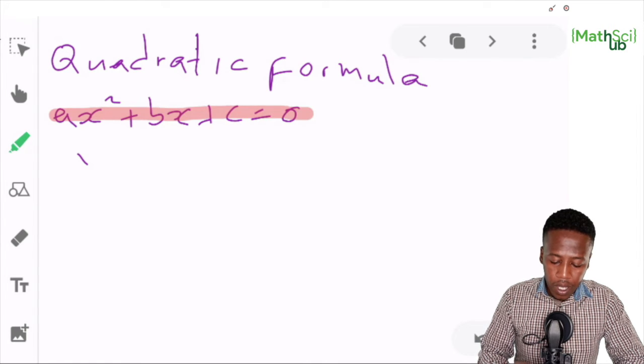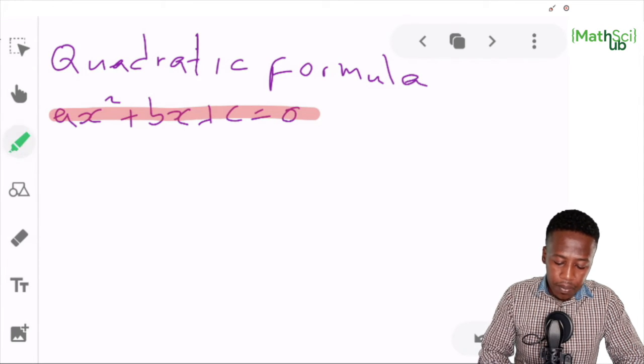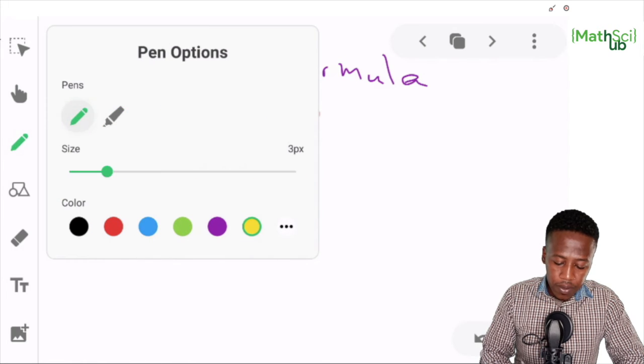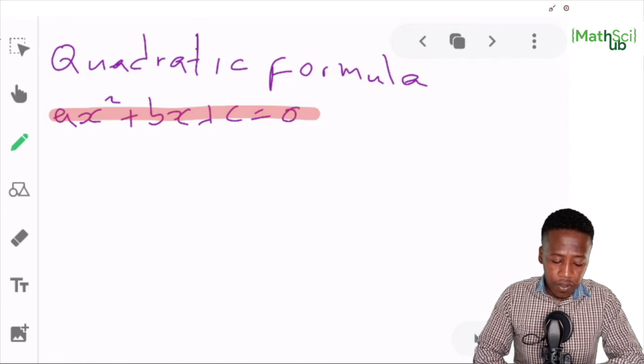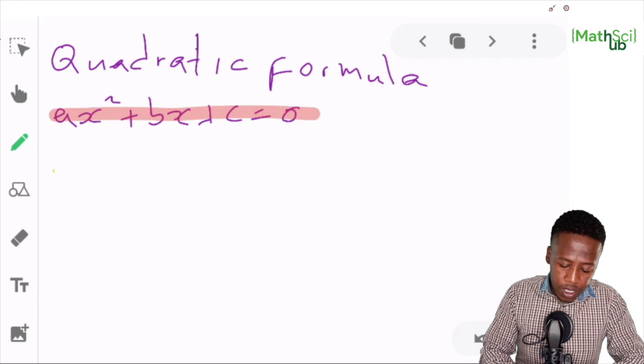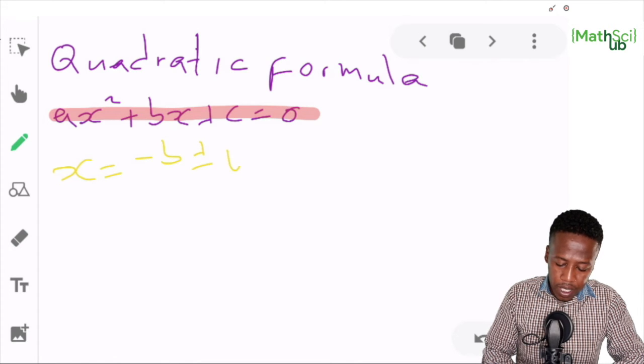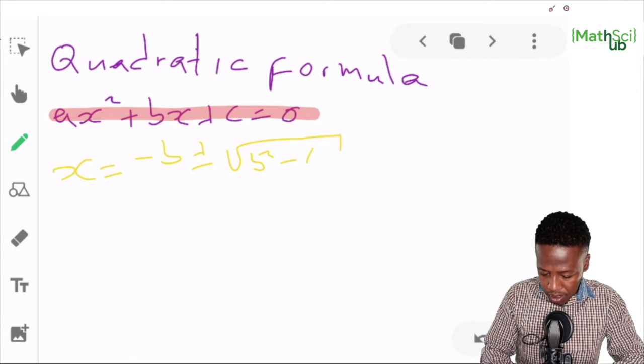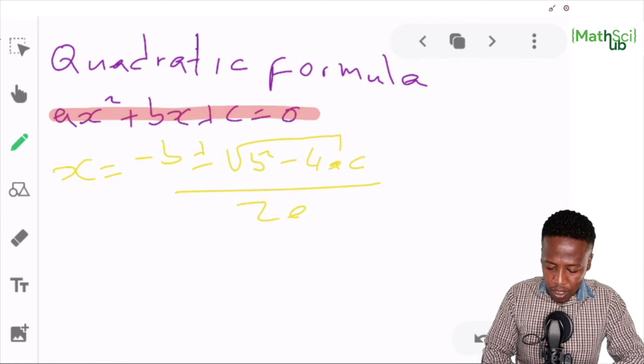It's derived from this equation by completing the square. So if you follow the right steps in completing the square, you will end up with your quadratic formula, which is x equals minus b plus minus square root of b squared minus 4ac all over 2a.